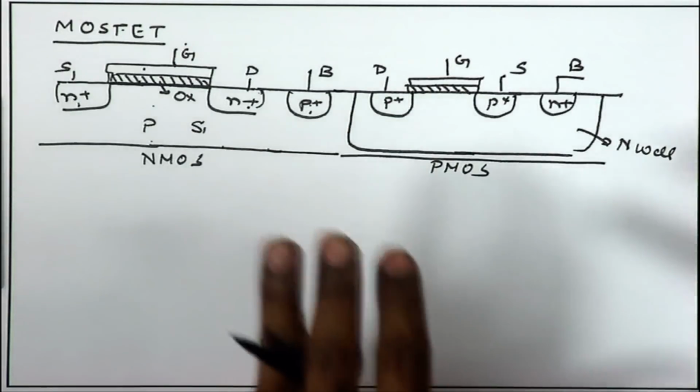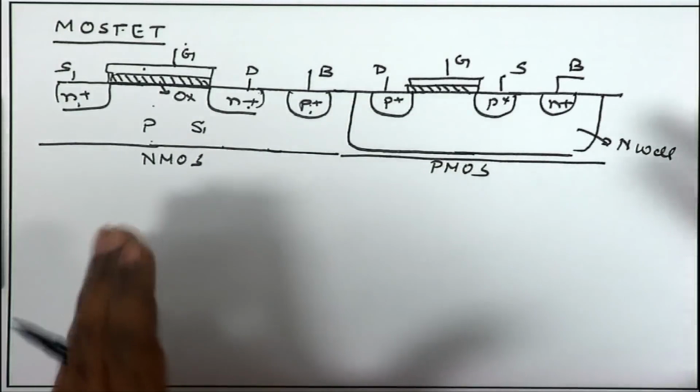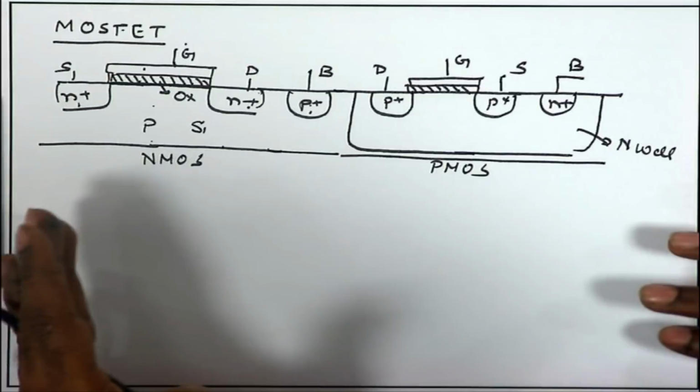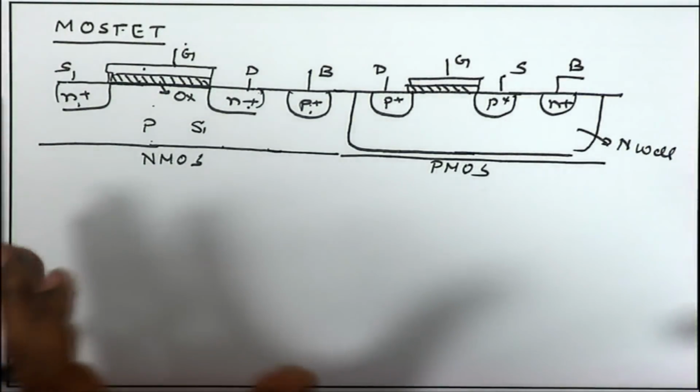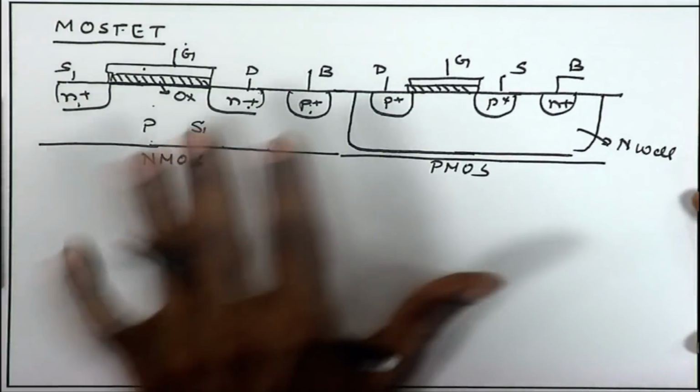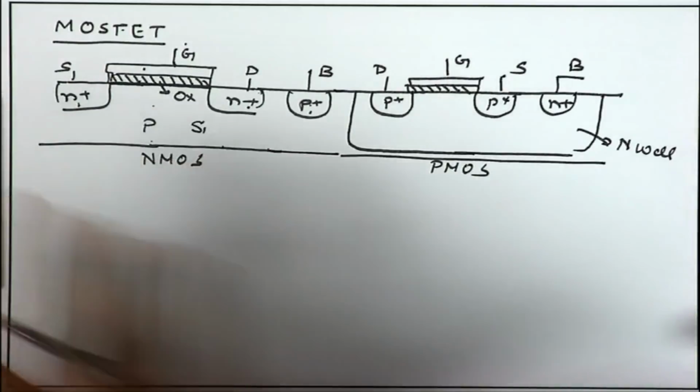So, we need to be aware of this N well process, which is one of the most popular ones. There are many different flavors. You can have a P well process, you can have a dual well or triple well process, you can have silicon on insulator, where you can have PMOS as well as NMOS in separate wells sitting on insulator, and so on.